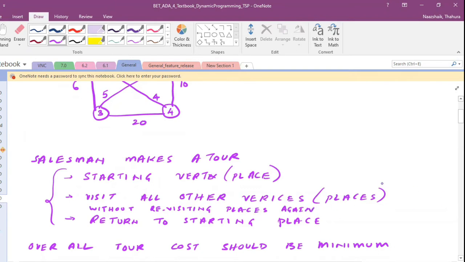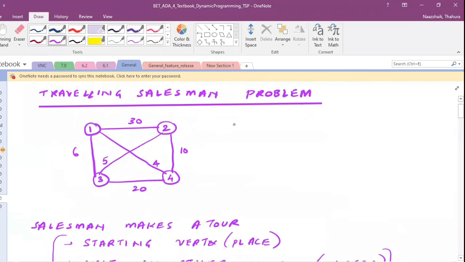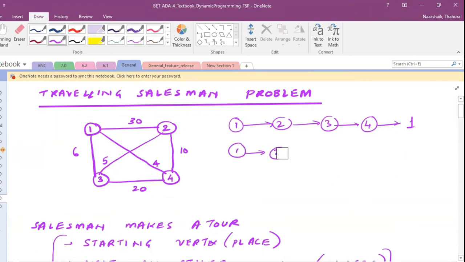Right? Basically what it means is, you start at some starting position, let's start from 1. You go to 2, you go to 3, you go to 4, and then you have to come back to 1. Here, there are many possible combinations. Instead of 2, you can go to 3 also.